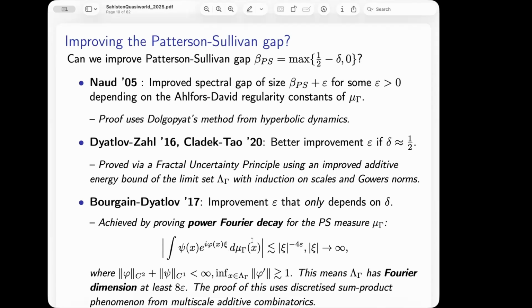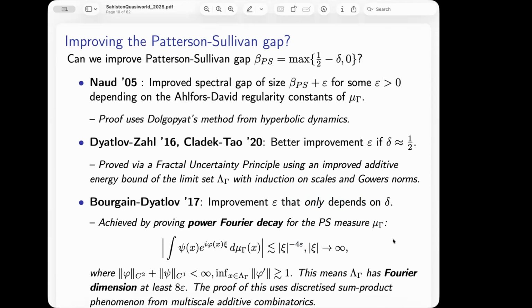Because of how this exponent depends on the data, the improvement only depends on the Hausdorff dimension of the limit set, which is basically also the Poincare exponent. So in a sense, you can remove the dependency on the Alford-David regularity constant completely with this picture.